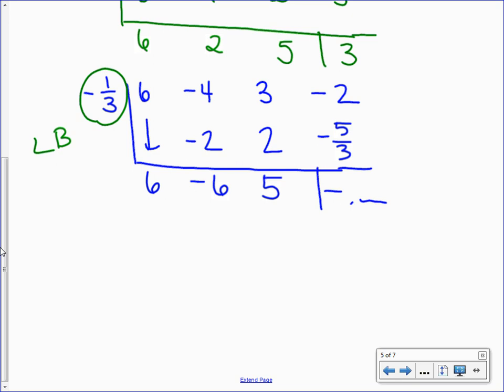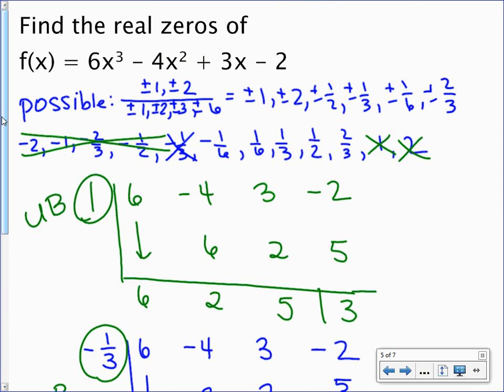Now, does anybody have a problem with me even trying a -1? Or a negative zero? You guys just let me do it. Using Descartes' rule of signs, how many negative zeros is this going to have?